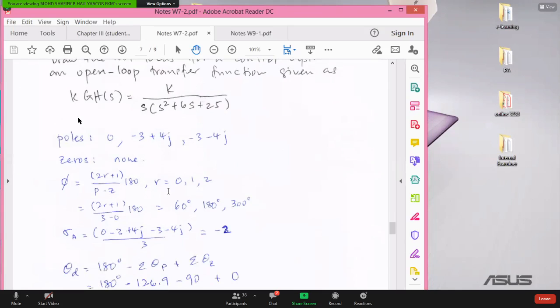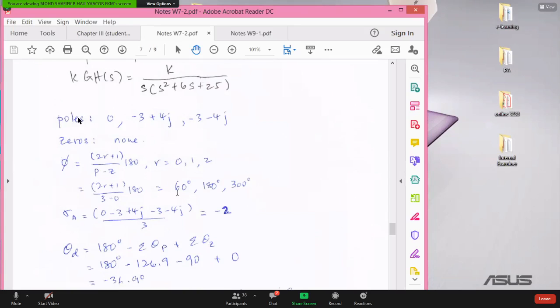So the number of asymptotes is going to be 3, which is number of poles minus number of zeros. So we need to find the asymptote angle. It's going to be symmetrical about the real axis. So these are the asymptote angles: 60 degrees, 180, and 300 degrees.